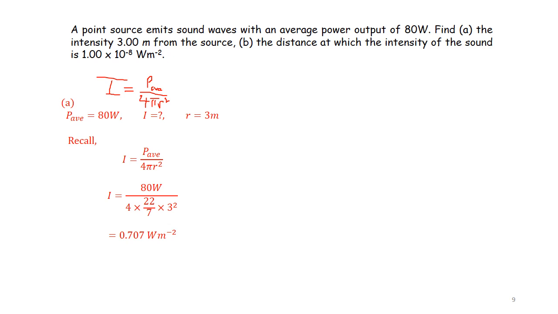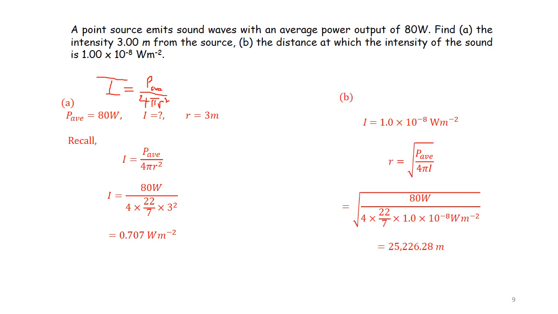Now the second part: at what distance would the intensity of the sound wave be 10 to the minus 8 watt per meter squared? Very easy, just make R the subject. You have the formula, the expression.